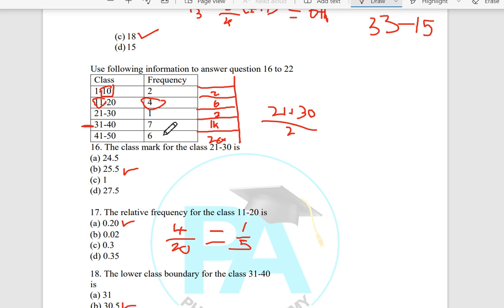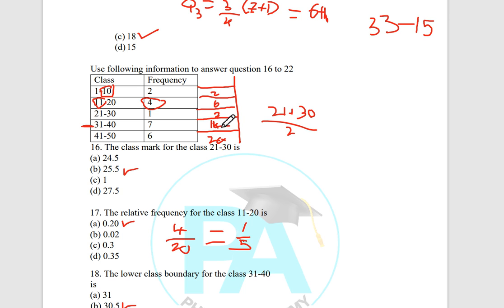Now, to find a cumulative relative frequency, just like how I taught you to find a relative frequency, you take the frequency of that class divided by the total frequency. To find a cumulative relative frequency, you have to take the cumulative frequency of that particular class divided by the total frequency. What's the cumulative frequency of this class? It is 14, right? So you take 14 divided by the total frequency, which is 20.